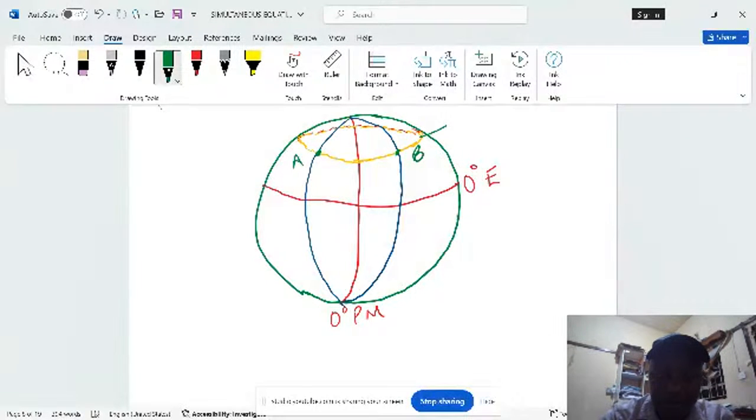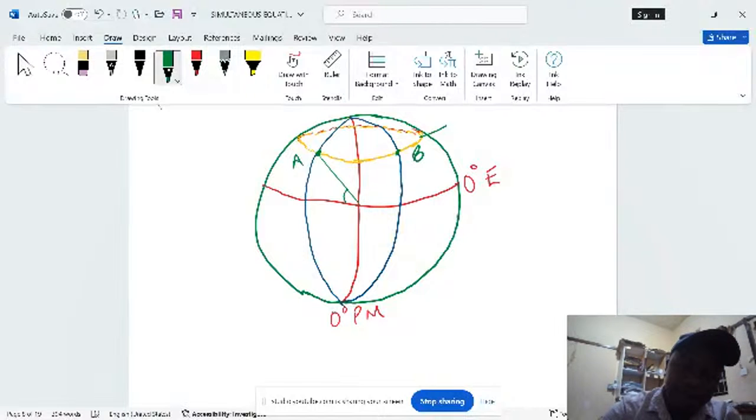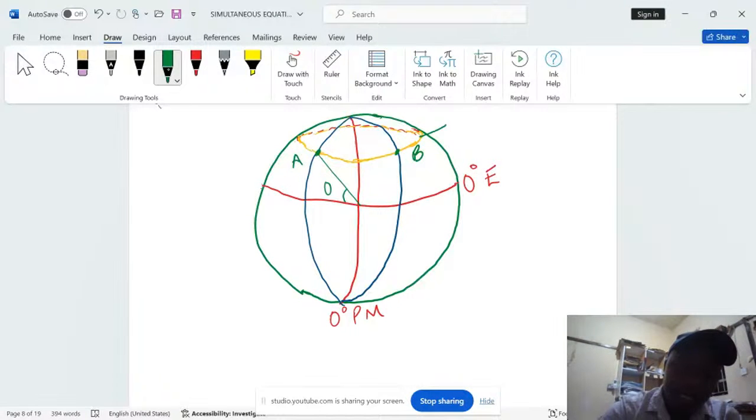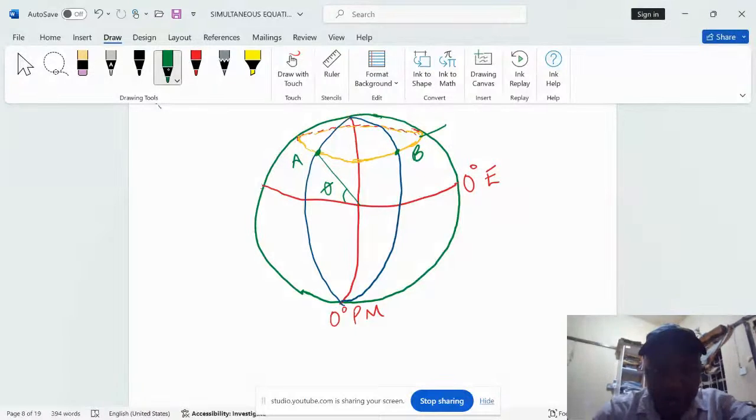From the equator we name latitudes. Therefore, this latitude can also be named following a certain angle here. Let's say there is angle theta here. Then again, on the other side, there will be the same angle. But let me drop a perpendicular now at this point.